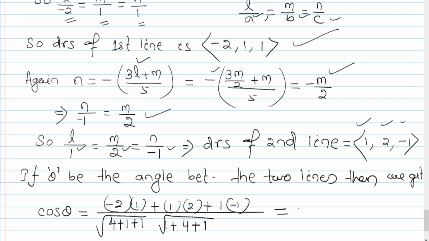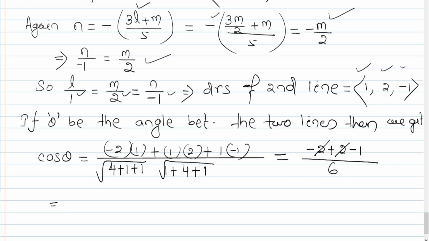Minus 2 plus 2 cancels, then minus 1 by 6. So theta is equal to cos inverse of minus 1 by 6, or you can write cos inverse 1 by 6. Okay, so that's your answer.